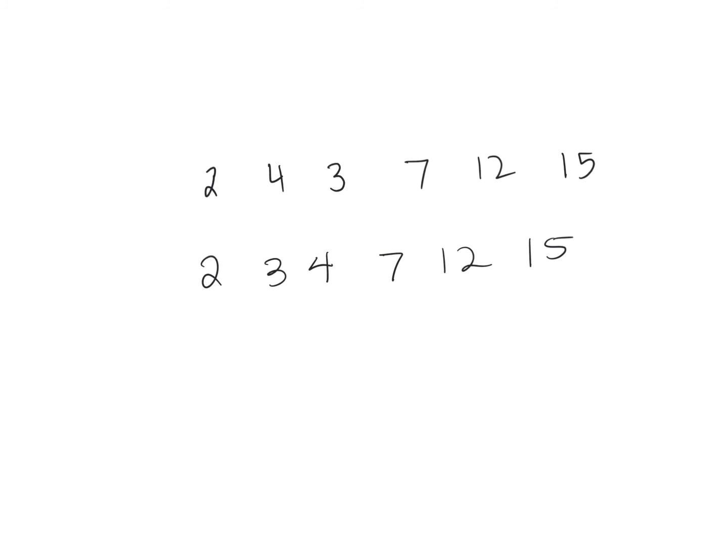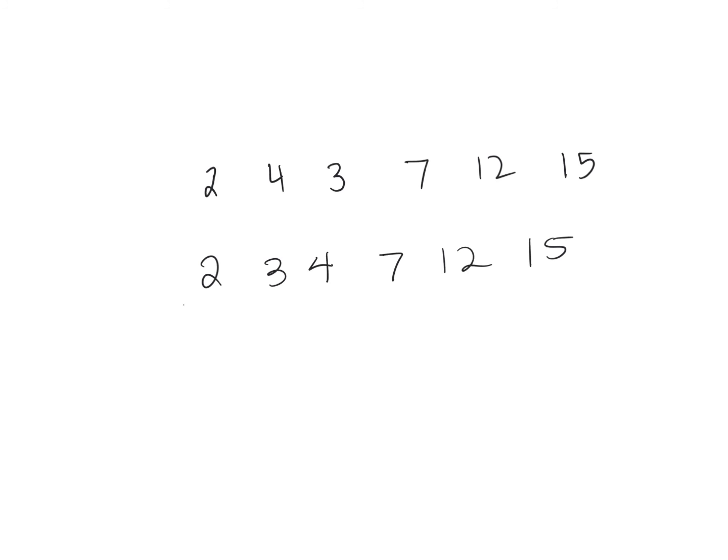So in an example, like if I had 2, 4, 3, 7, 12, 15, my first thing would be to order them. All right, so here we go.